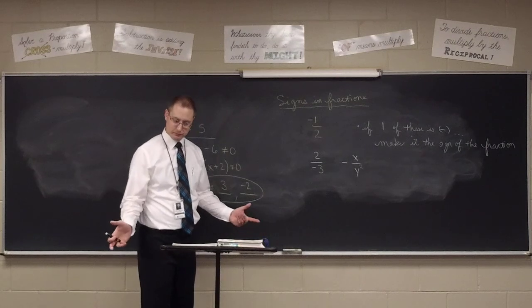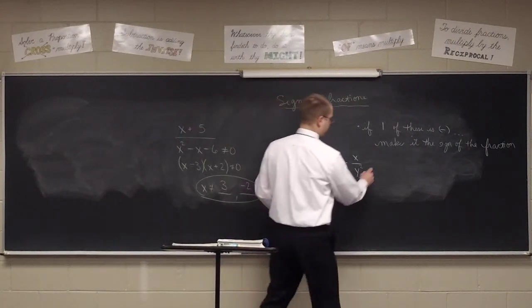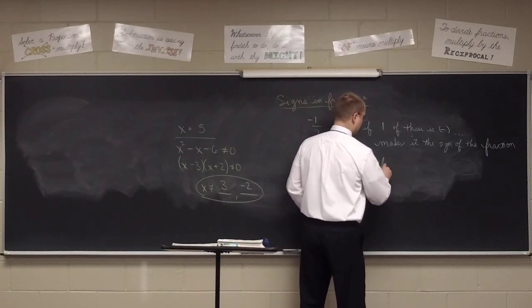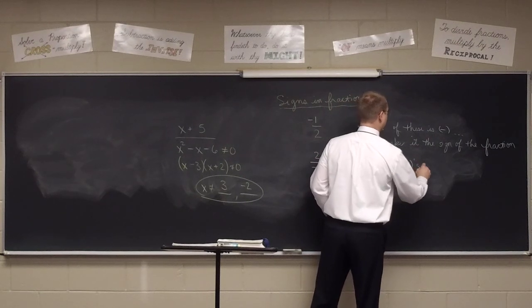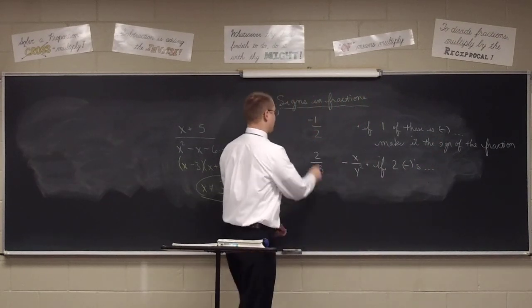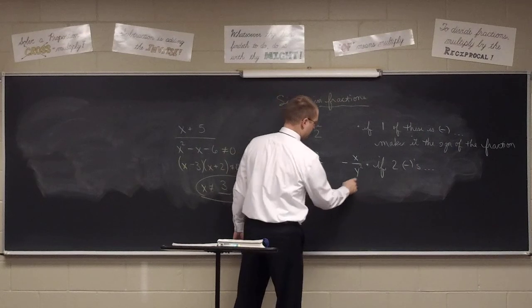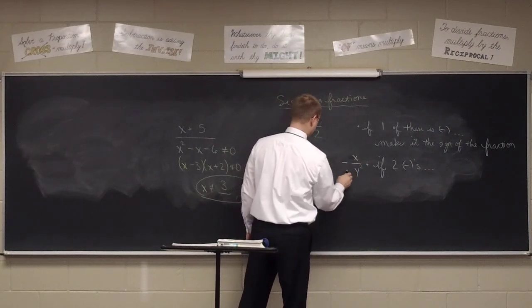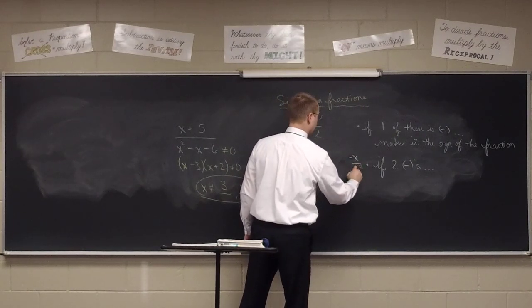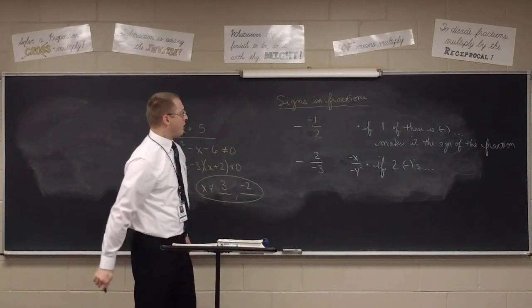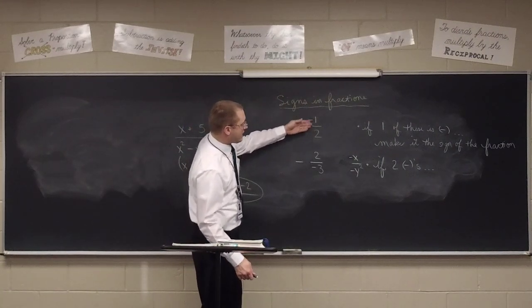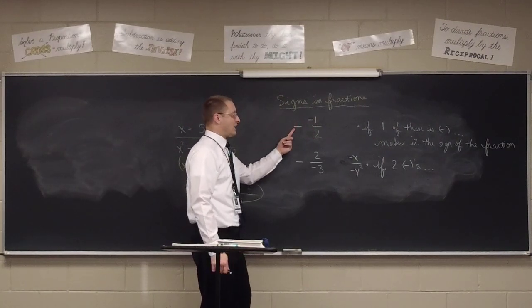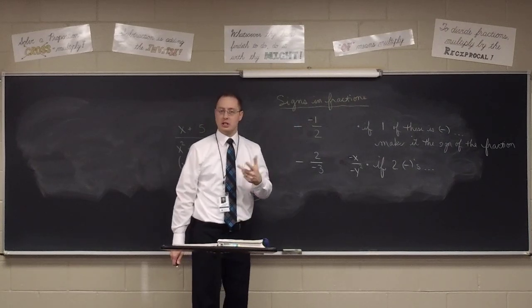Pretty easy? What if you have two negatives? Well, if you have two negatives, something like this. Well, here, the negative divided by positive would give you a negative, but you already have a negative out here, so it's as if they would cancel.